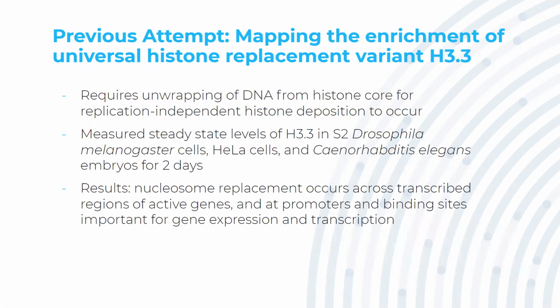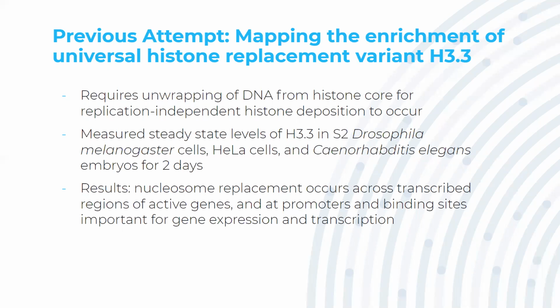One previous attempt at studying nucleosome turnover was mapping the enrichment of the universal histone replacement variant H3.3. This method required that DNA be completely unwrapped from the histone core in order for the replication-independent histone deposition to occur. That's what H3.3 does.